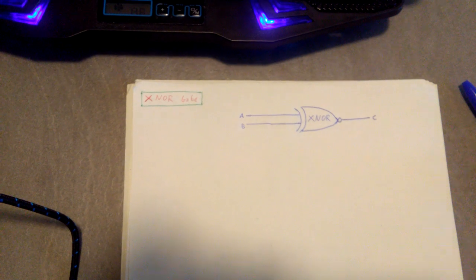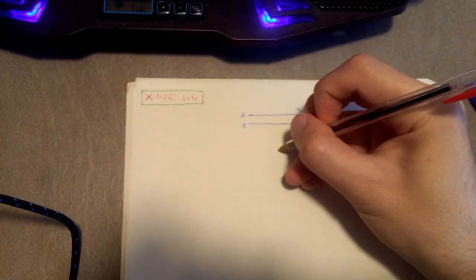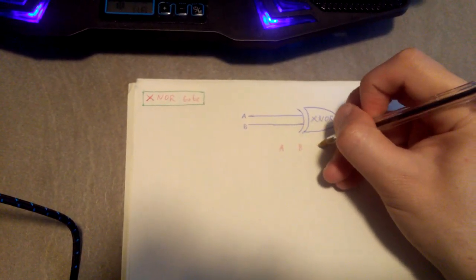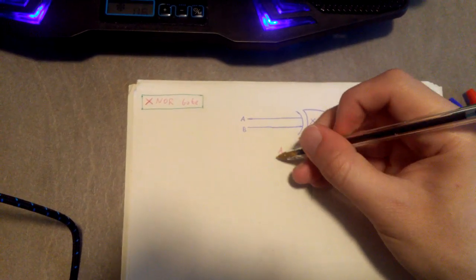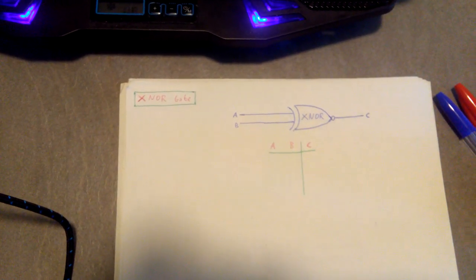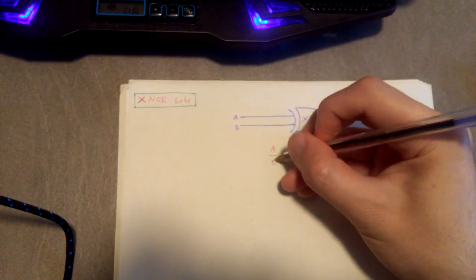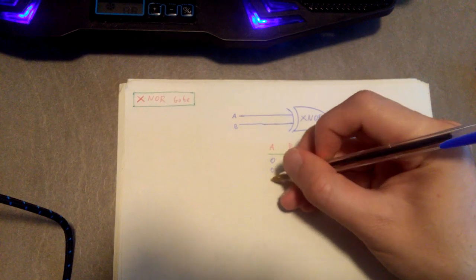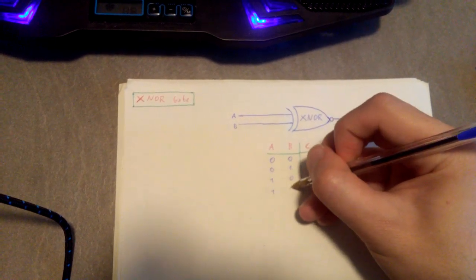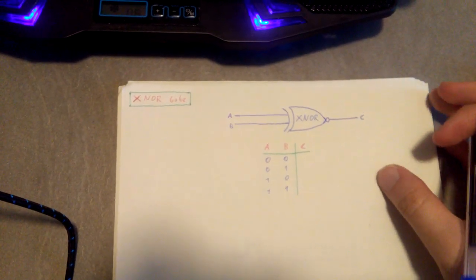The exclusive NOR gate. If we write the truth table for this one as well, so A, B, and C, with A and B as the inputs and C as the output, what do we get? Well, the inputs are still 0, 0, 0, 1, 1, 0, 1, 1. Now, what do we get?